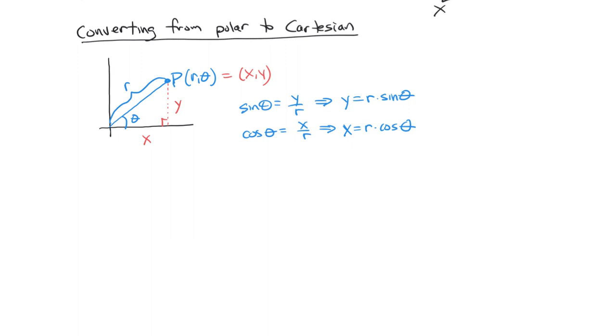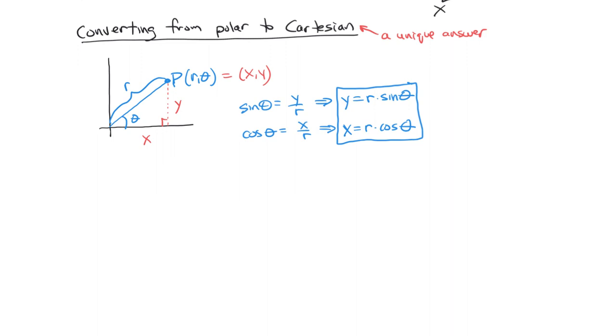So from here, we can use these equations. The nice thing is when you convert from polar to Cartesian, you get a unique solution. There's only one answer, so there's not a lot to worry about. We just use these formulas. Unlike polar, which is a little trickier because there's more than one answer.